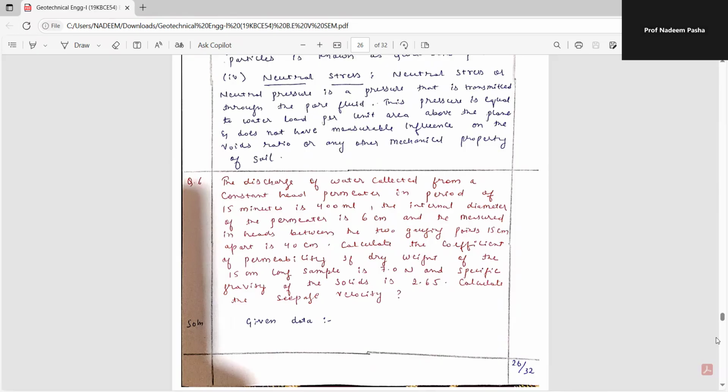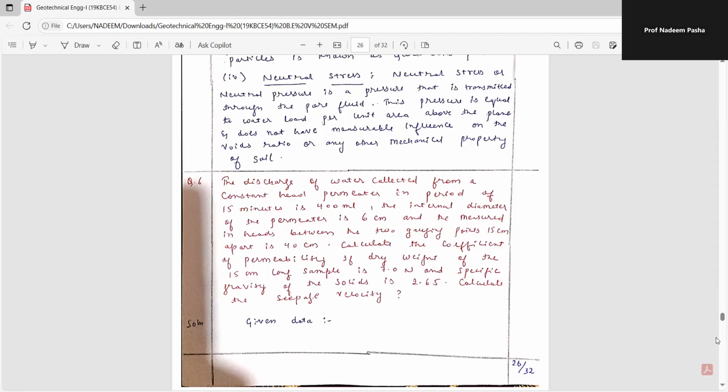The internal diameter of the permeameter is 6 centimeter and the measured head between the two gauging points 15 centimeter apart is 40 centimeter. Calculate the coefficient of permeability if the dry weight of the 15 centimeter long sample is 7 Newton and specific gravity of the solids is 2.65. Calculate the seepage velocity.